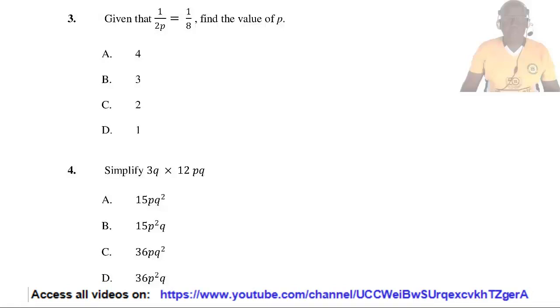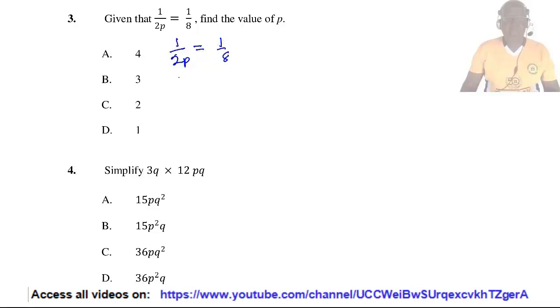Question 3. Given that 1 over 2p equals to 1 over 8, find the value of p. That is 1 over 2p to be equal to 1 over 8. We shall cross multiply. That is, we shall multiply 2p by 1 and then equate to 1 multiplied by 8.